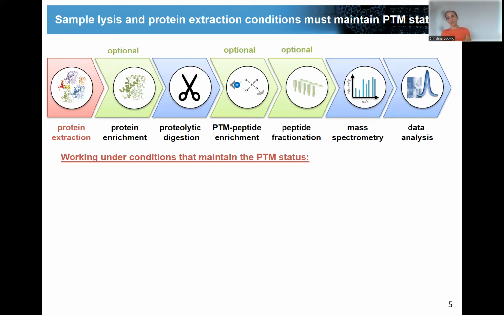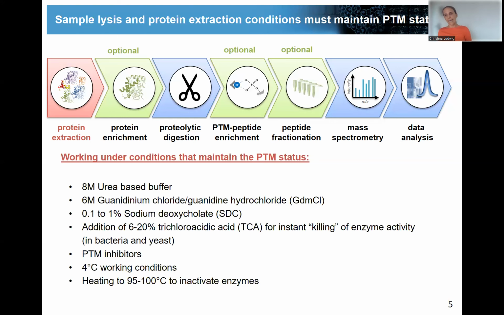So people try to work with extraction conditions that maintain this PTM status. And what people usually do here is they try to work with very strongly denaturing conditions by working with urea or guanidinium chloride or SDC, or with very strong acids, under which conditions these kinases and phosphatases, transacylases are all inactive, hopefully, and therefore do not change the status.